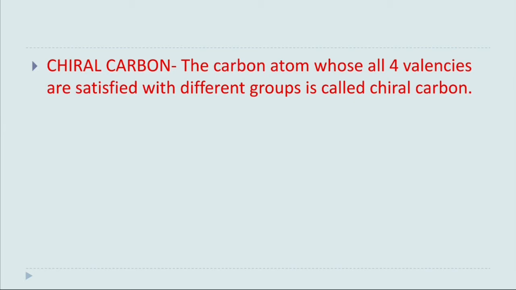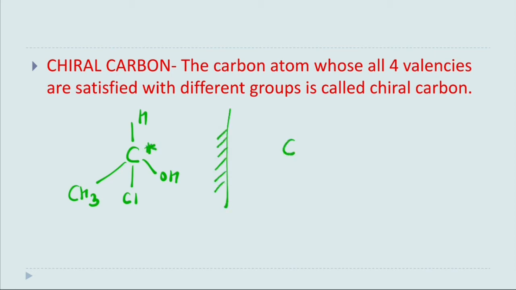Now see, suppose I take an example of this compound. We know that this carbon is chiral. There will be a mirror image of this, and we cannot superimpose this one onto this one.